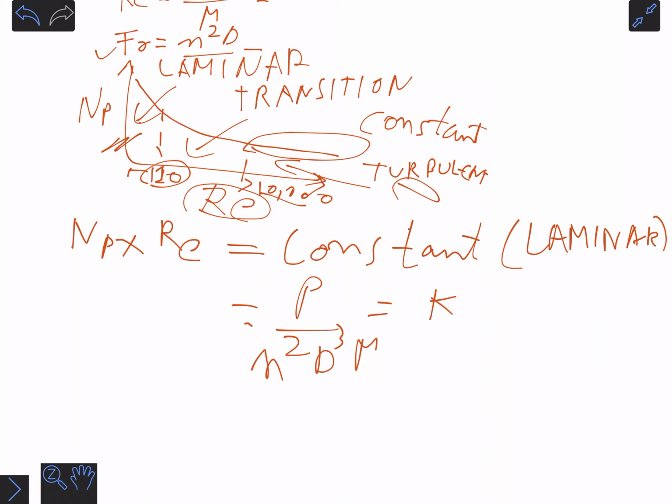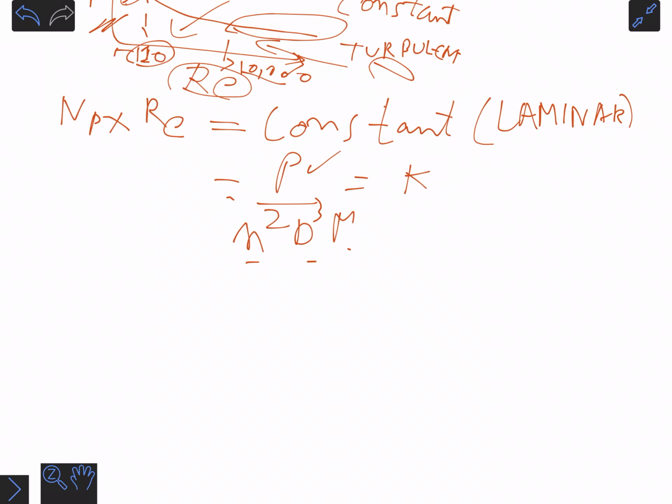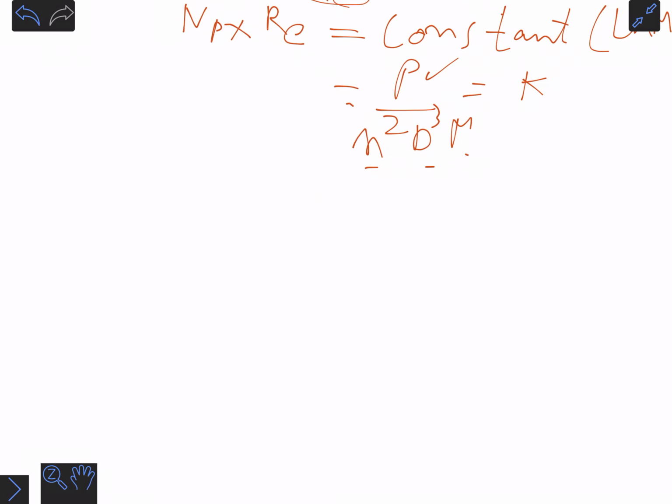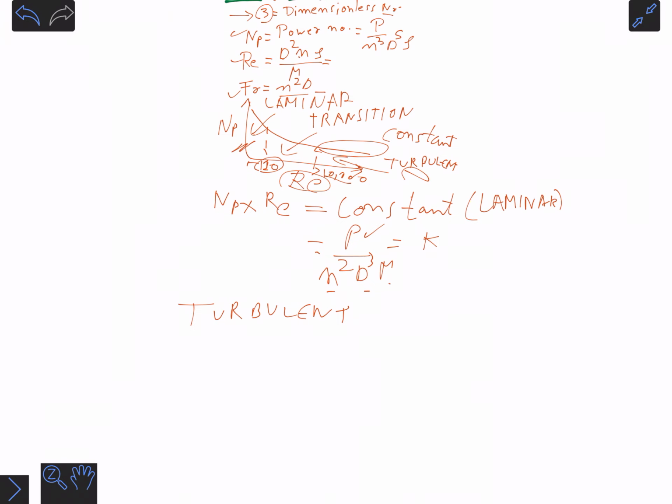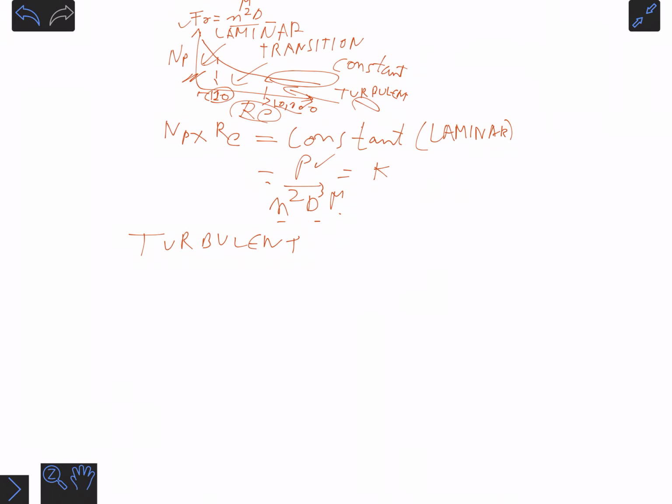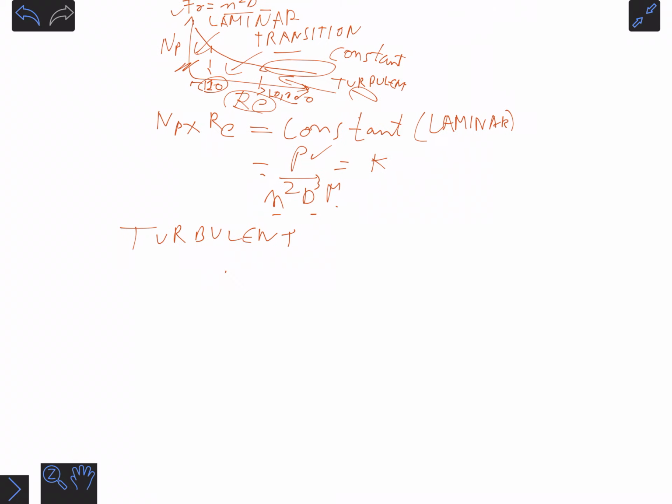So some question might come where the Reynolds number is given, and you are required to find some proper parameter. Okay, and then next we come to the turbulent region, and in the turbulent case we observe, as in the previous graph, that power number is constant.